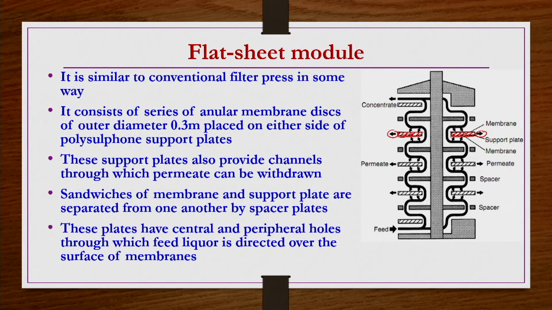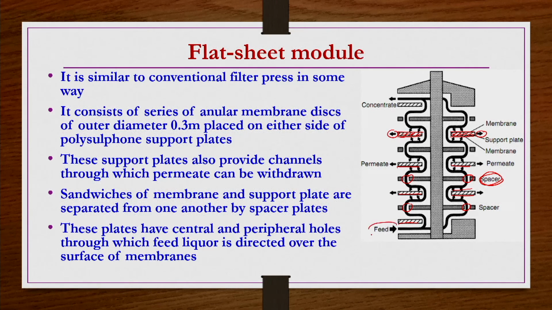N number of such membranes are kept in a series like this, and these are separated by spacers. These spacers also have holes in the periphery as well as in the center, so that the feed can easily pass through.